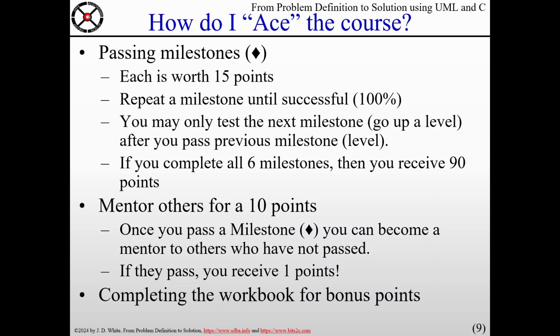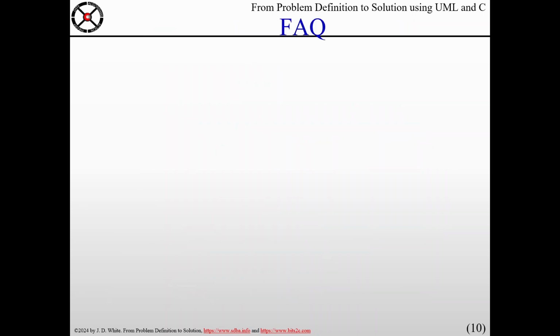All right. So maybe I'll ask some questions. Okay. My FAQ. Am I graded for class attendance? The answer is basically no. If you pass all the milestones, I don't care whether you've attended any classes, right?